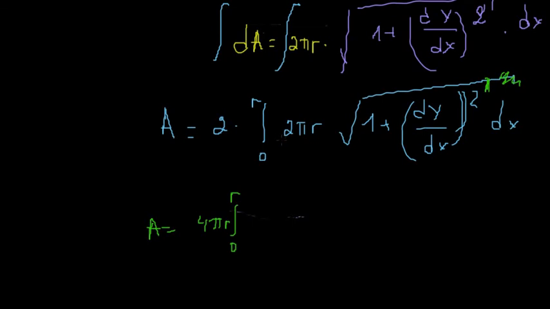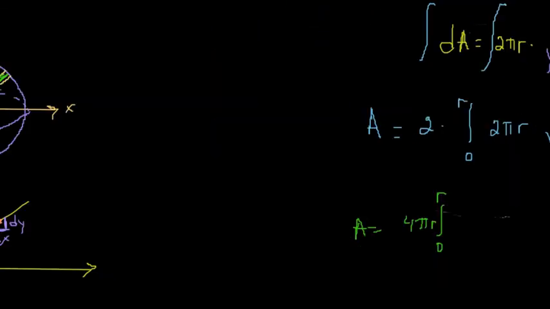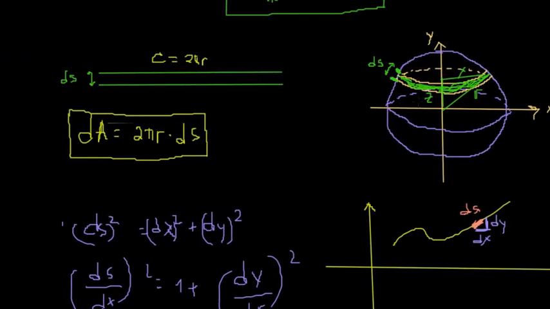Sorry everyone, I made one mistake at the beginning. Here we said that the area of this small tiny strip is equal to the area of this circle, this one, multiplied by this ds, the height of the rectangle. Here we said that the circumference is equal to 2 pi r. But r at the beginning we said is the radius of the sphere, it's not the radius of this circle.